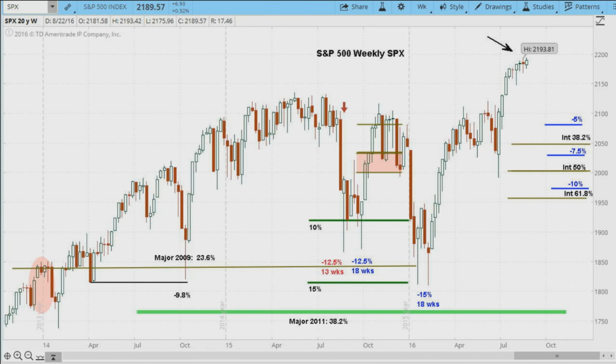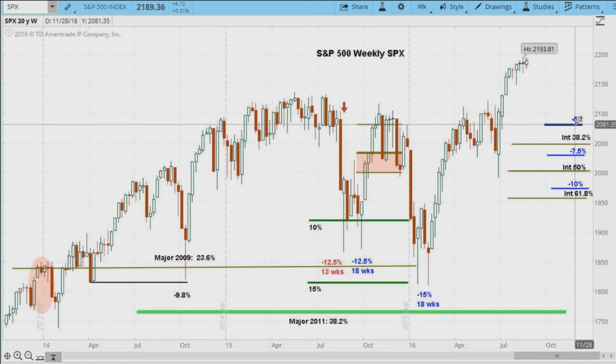So, if it was a modest year, if we're still following the trend of some kind of a decline beginning in September, October, as in the last 17 election years, a modest 5% break, which would be above the intermediate 38.2%, would be down to 2081. That would only be a 112-point break in the S&P 500.